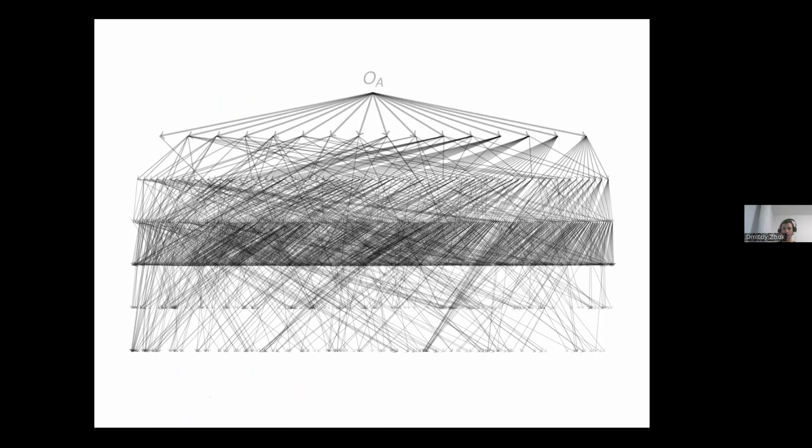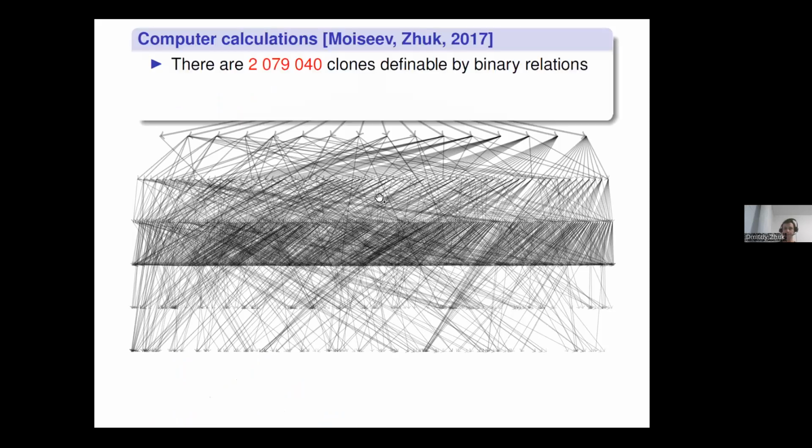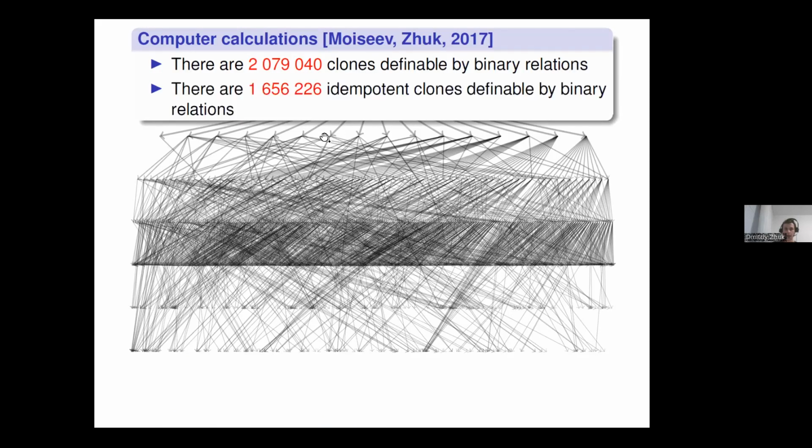Okay. Nevertheless, this is the last part of my talk, but the largest part. Let's take our computer results, where we found 2 million clones defined by binary relations on the three-element domain. And we can check that 1.6 million of them are idempotent clones. Now we have 1.6 million idempotent clones, and we can try to collapse them.